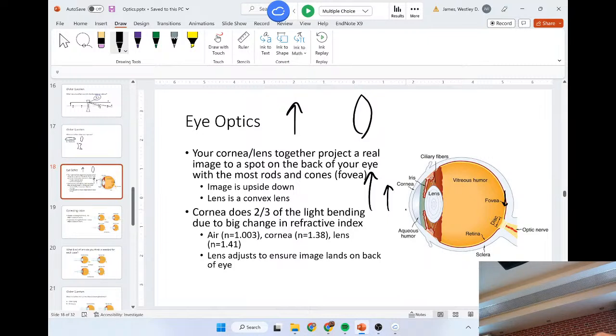There are muscles stretching the lens or not stretching it, so that wherever you're looking, whatever you're focused on, it generates the image. Whatever it generates the image of is going to be nice and crisp. Everything else will be slightly blurry.